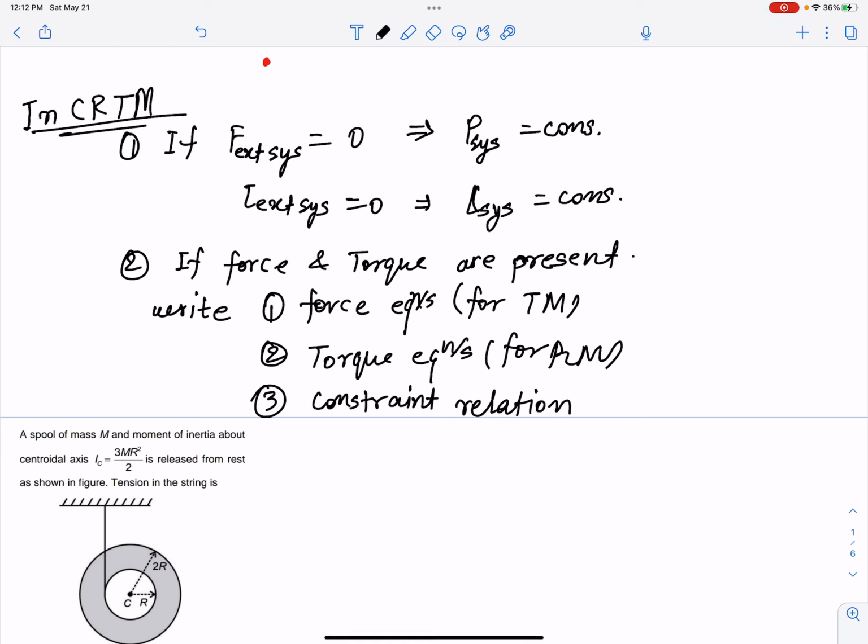You will get one or more than one constraint relation.